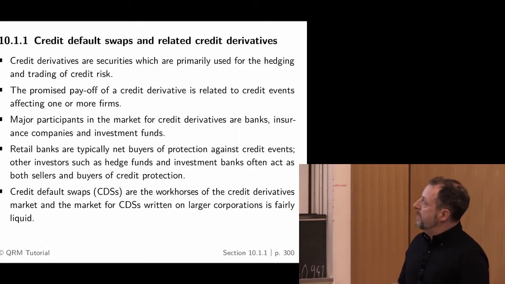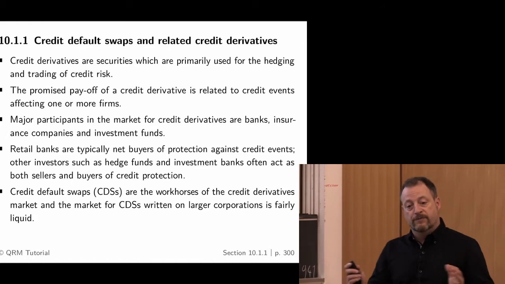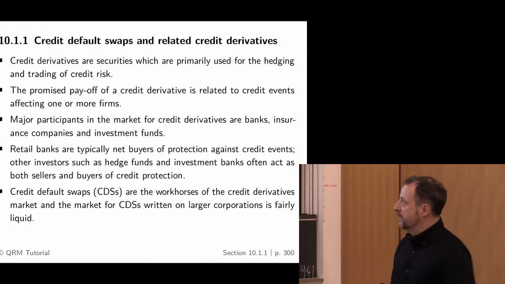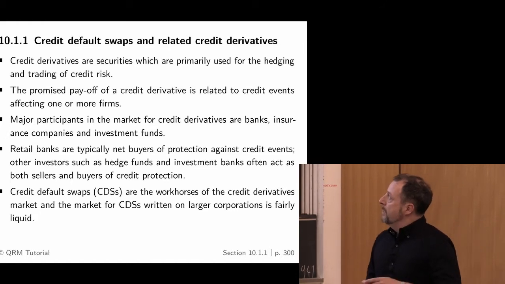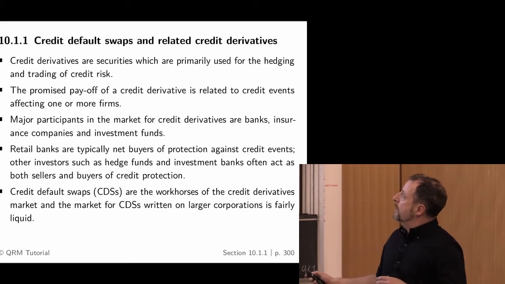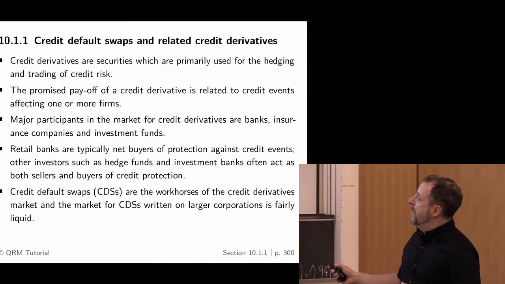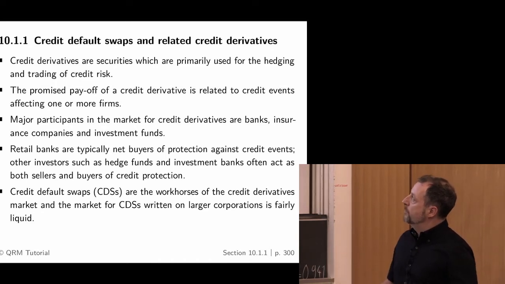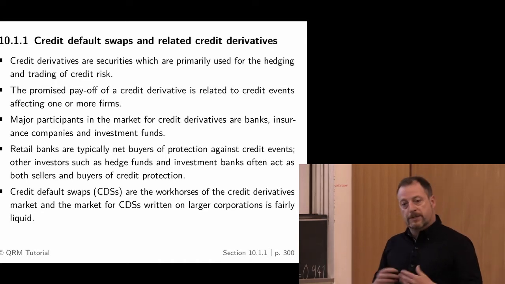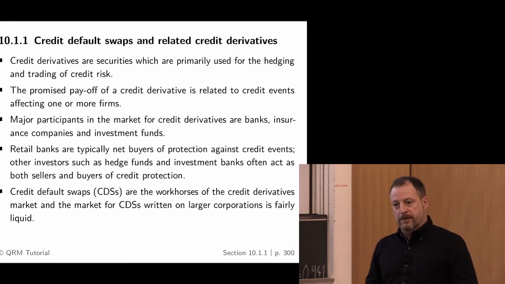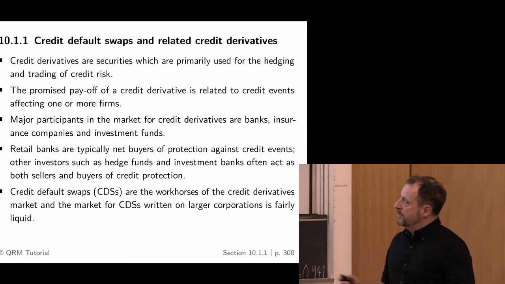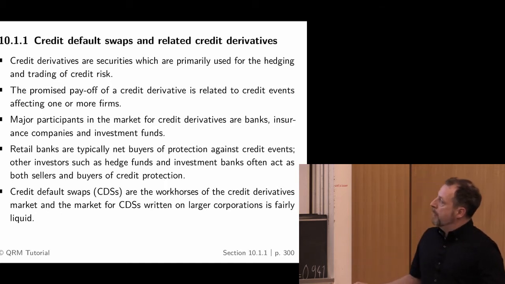In this chapter 10, it will be related to the default of one firm, because chapter 10 is about the single firm. In this market, there are lots of participants. Obviously, banks and investment banks are major participants, but also insurance companies will use credit default swaps to hedge credit exposures. And so it's an important thing to know about.